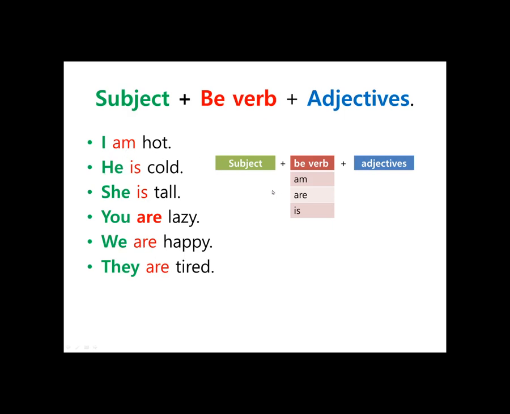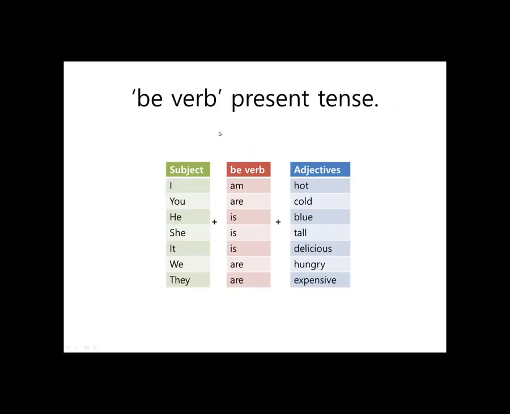So let's review how to change the be verb when we want to describe something using it in the middle. Okay, so I am hot. You are cold. He is blue. She is tall. It is delicious. We are hungry.